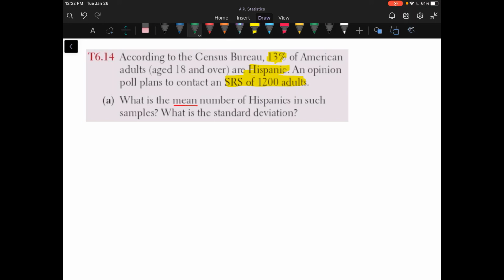We can do this because 1,200 is less than 10% of the entire population. So we pass the 10% condition.